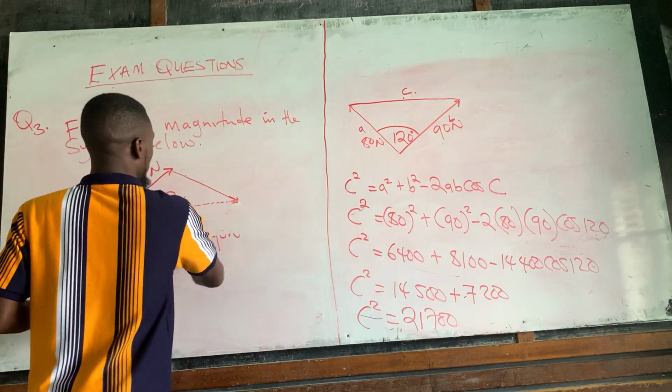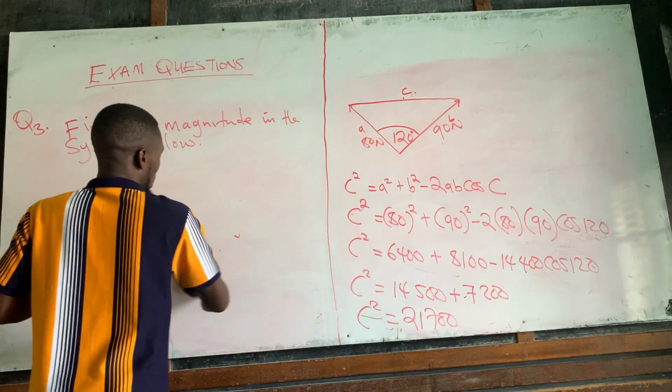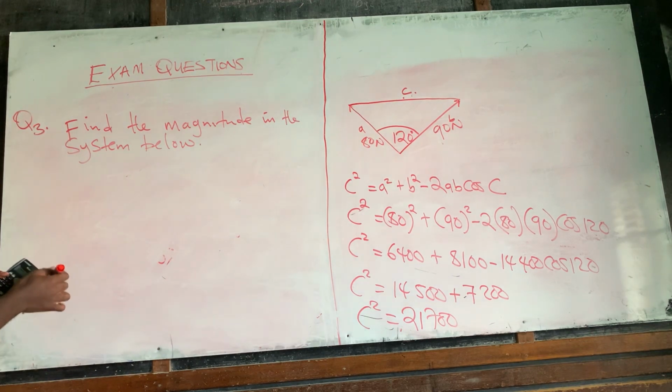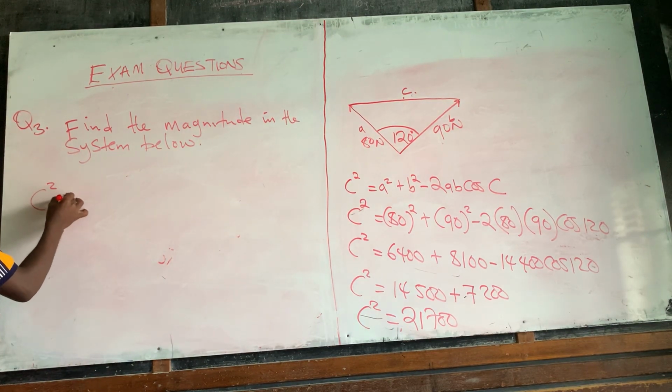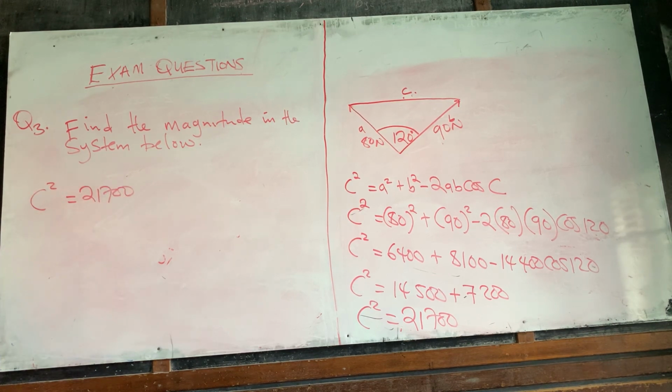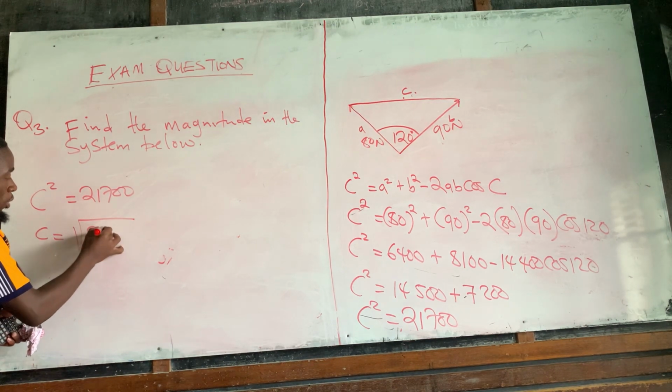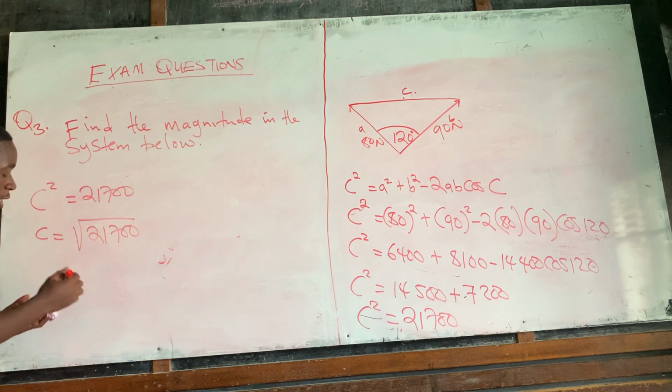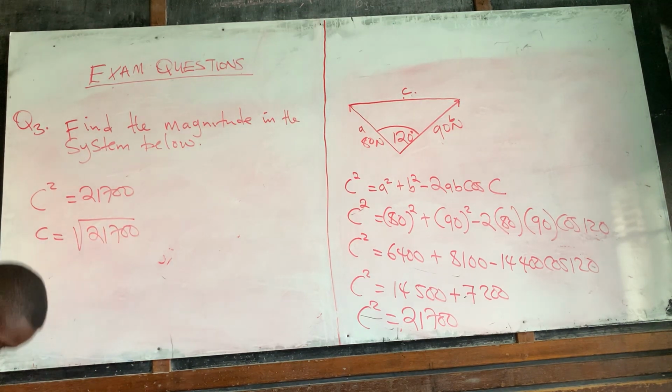So C squared here is equal to 21,700. To remain with C, which is the magnitude, we take the square root of both sides, so C equals the square root of 21,700.